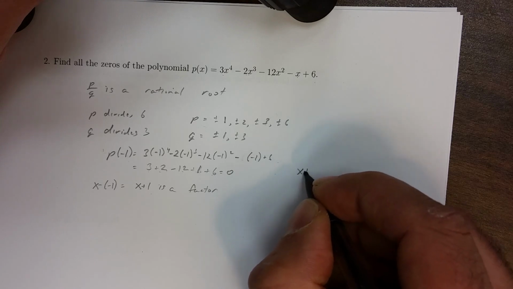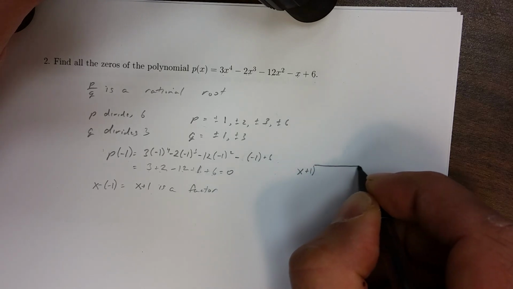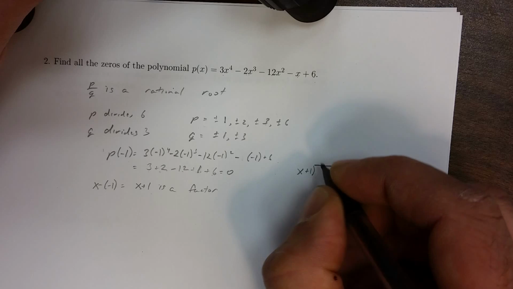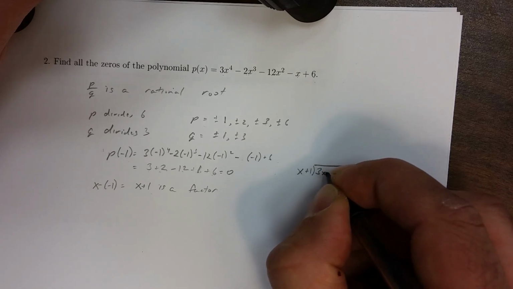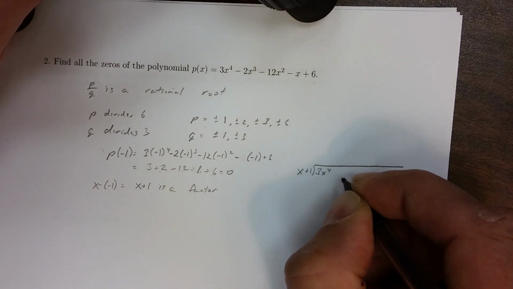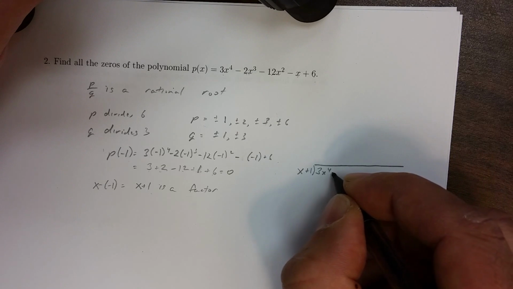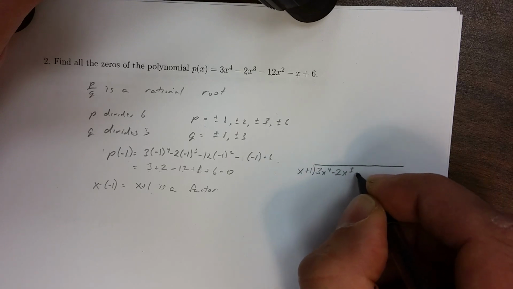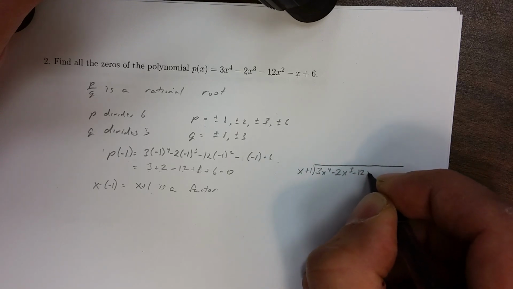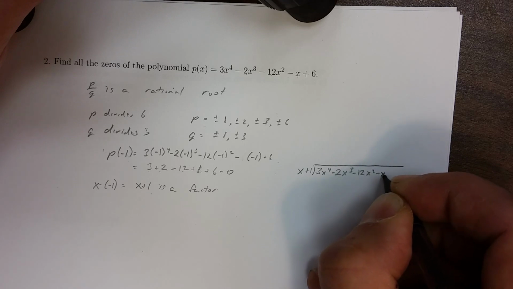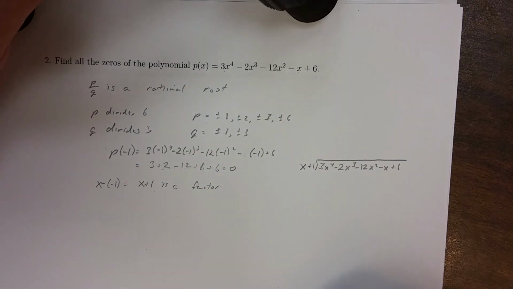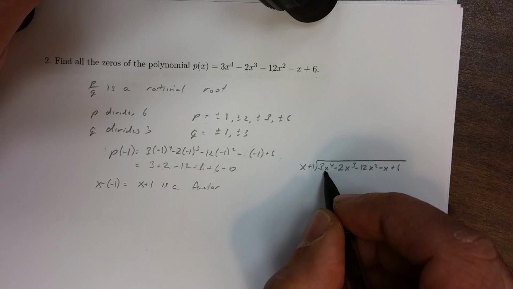So x plus 1 goes into 3x to the fourth minus 2x cubed minus 12x squared minus x plus 6. X goes into 3x to the fourth.